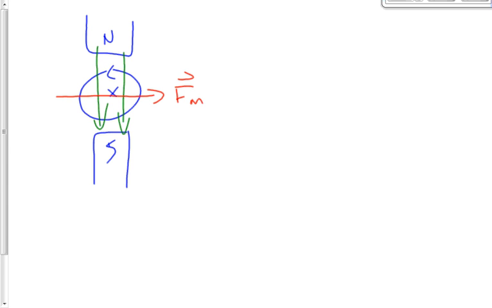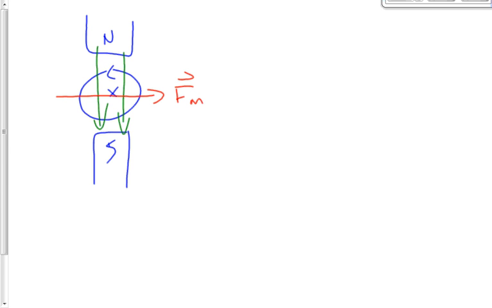Now, if that particle is inside a wire, it will also experience a force toward the right side of the page. If there's 1,000 of them inside of the wire, then 1,000 of them are going to experience a magnetic force toward the right side of the page. Normally, each and every one of those electrons traveling into the board would want to travel in a circle. But in this case, they can't travel in a circle because they're held in place by the wire.